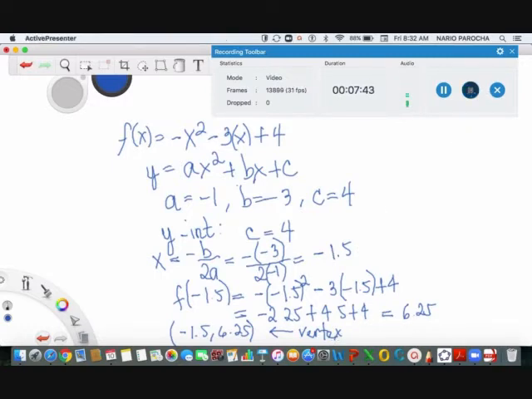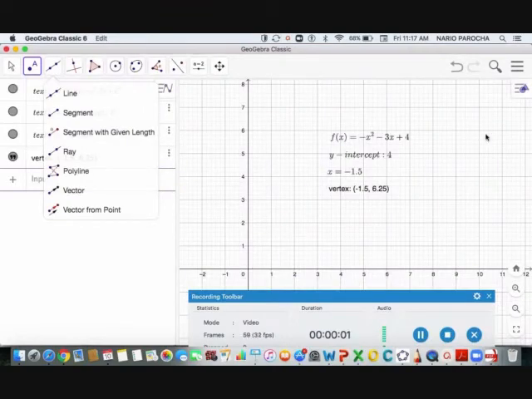We are now going to continue sketching the graph of the quadratic function f of x is equal to negative x squared minus 3x plus 4.